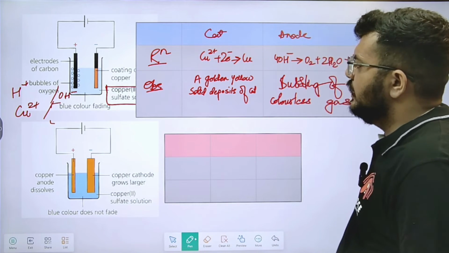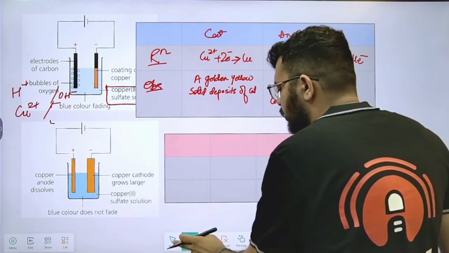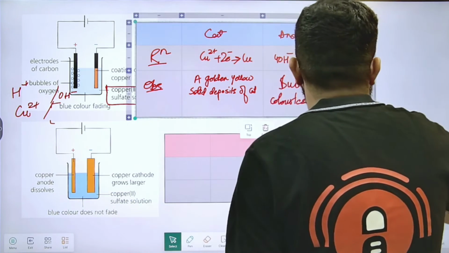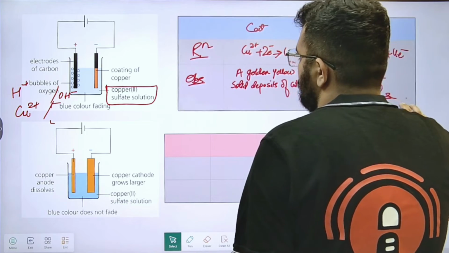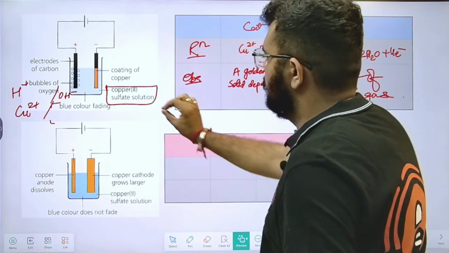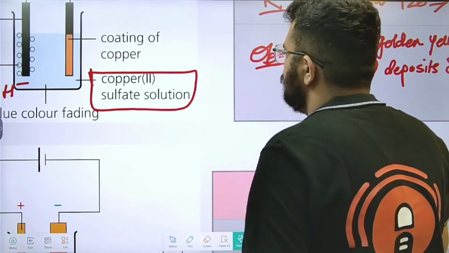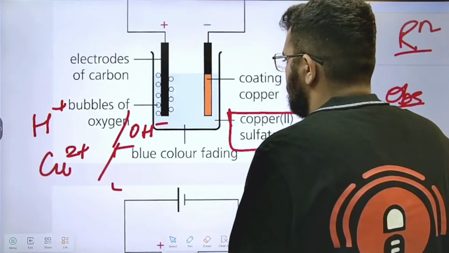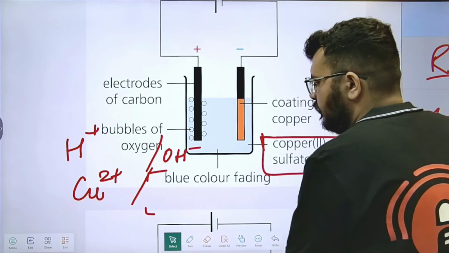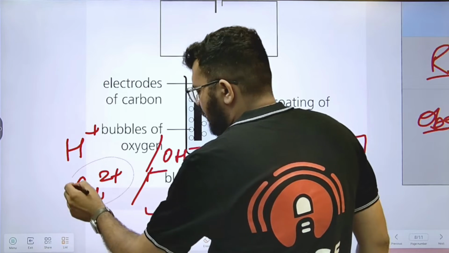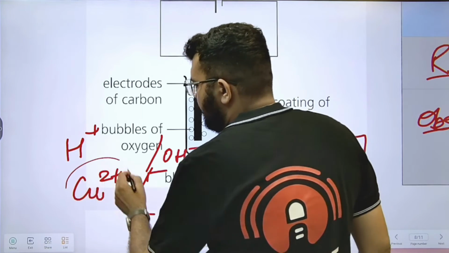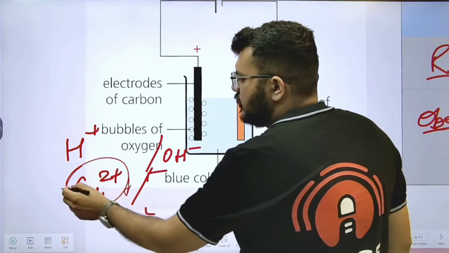Now let's understand a few important things about this reaction. This is something interesting that takes place. If you see this copper ion that we have, it goes on decreasing, right?